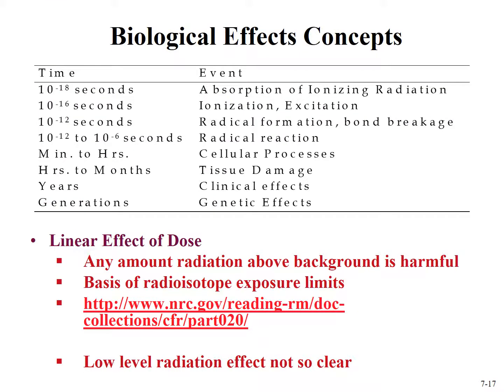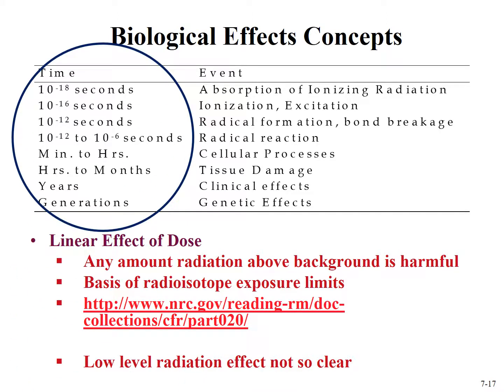One of the reasons that we can only evaluate this detriment as a probability has to do with the actual biological effects due to radiation exposure. As we see here, there's a table of events that can occur as a function of time due to a biological interaction with radiation.